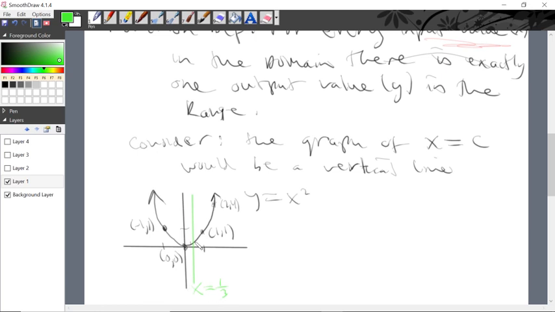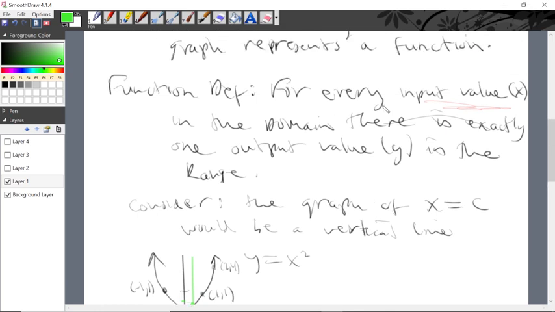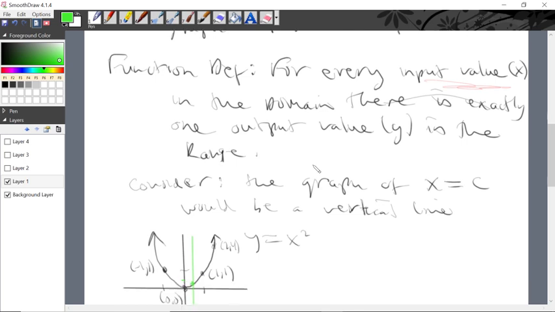And we check to see how many times our vertical line intersects the relation that we're testing. If it only intersects in one location, that means there is only one possible y value for that given x. But we don't just test it for a single value of x. We actually want to test it for every possible input value x, that is throughout the entire domain.